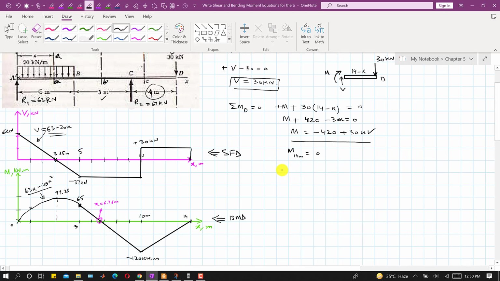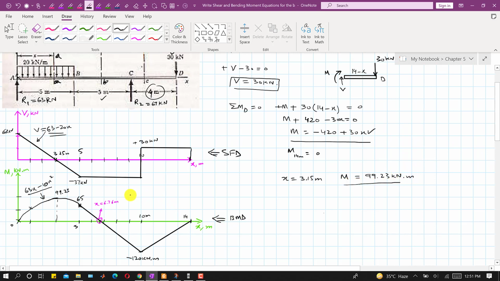The maximum moment occurs at x equal to 3.15. If we were asked in the question to find the location along the x at which the moment will be maximum, we can say that at x equal to 3.15 meters, the bending moment is maximum, which is 99.23 kilonewton meter, right?